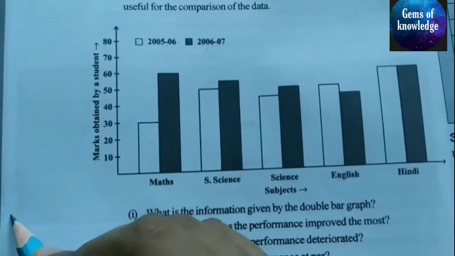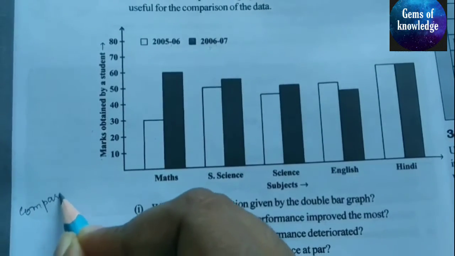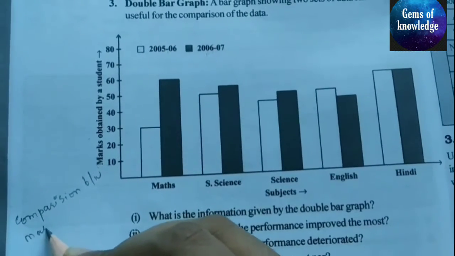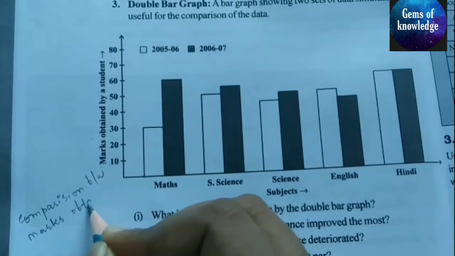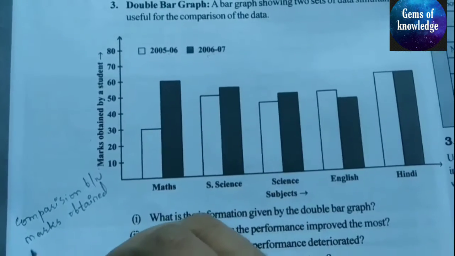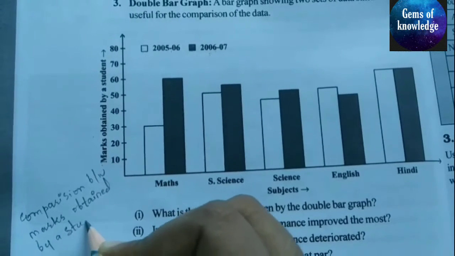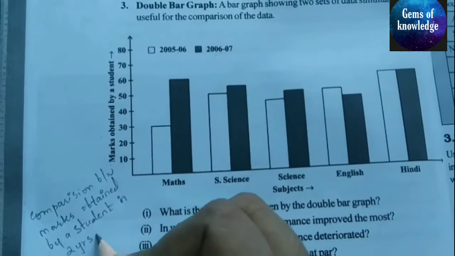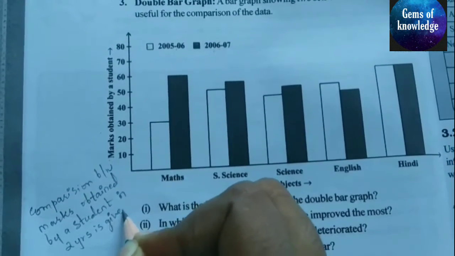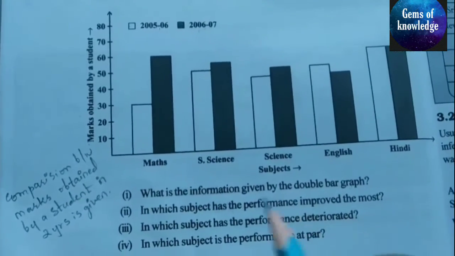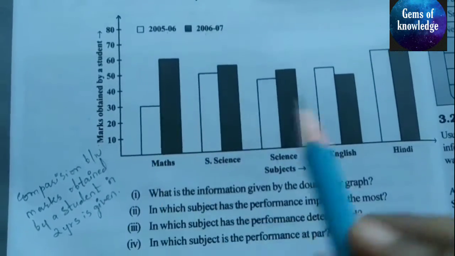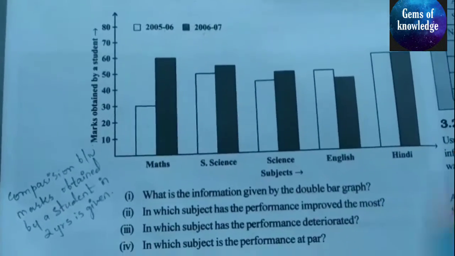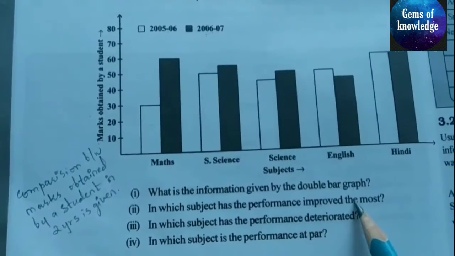So directly we will write: comparison between marks obtained by a student in 2 years is given. Here they have given us the comparison between the marks obtained by a particular student in all the subjects in 2 years.